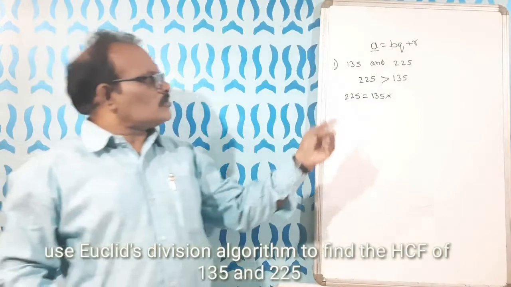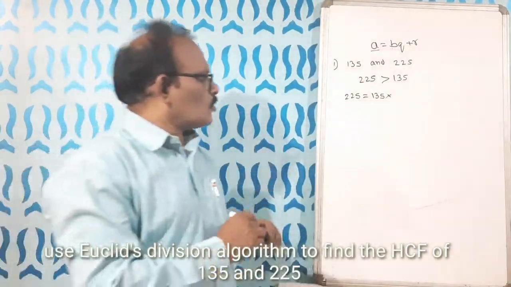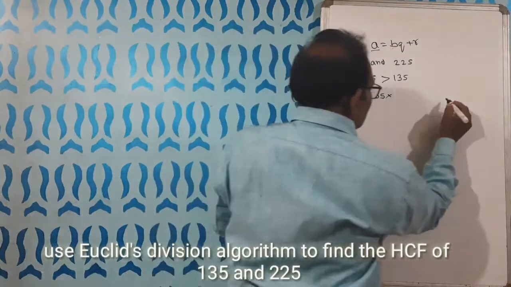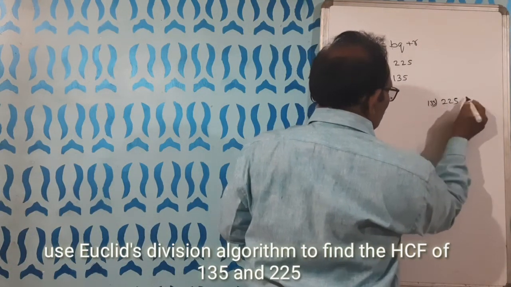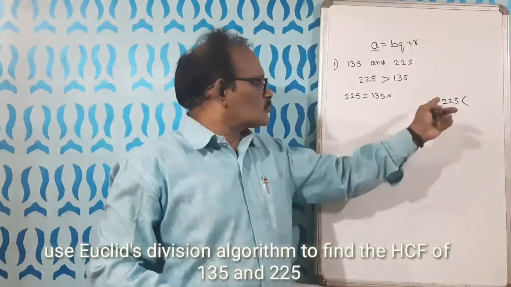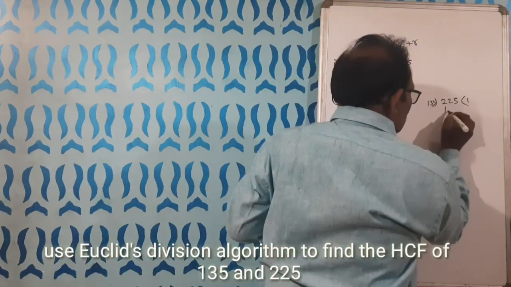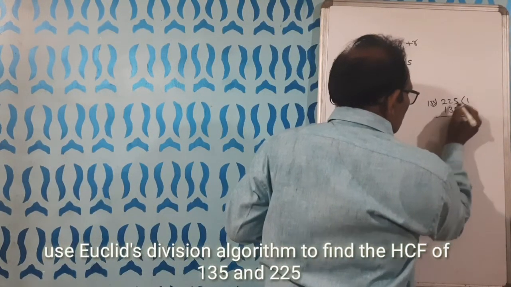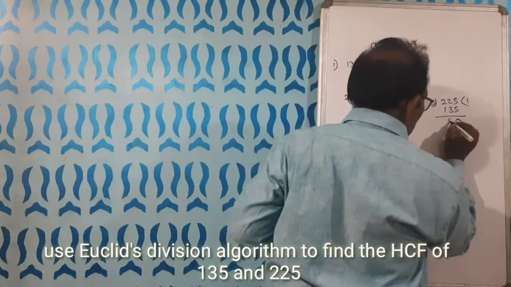To find the quotient and remainder, we have to do rough work. What is rough work? We will just divide 225 by 135. See, 135 twos are 270, which is too big, so we will take 1. 135, 5 minus 5 is 0, 12 minus 3 is 9.